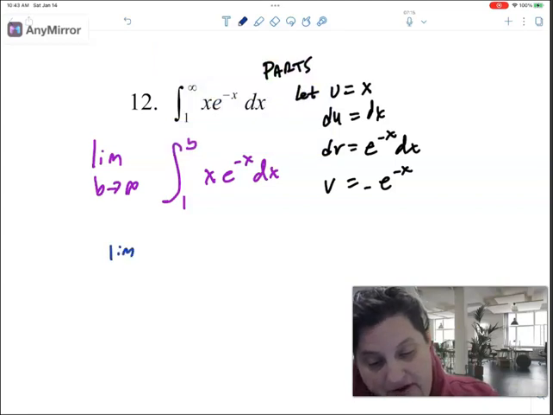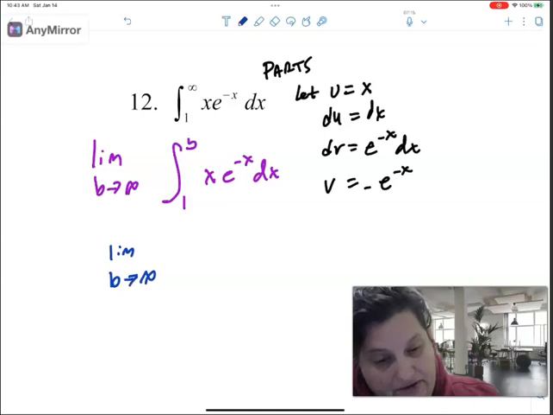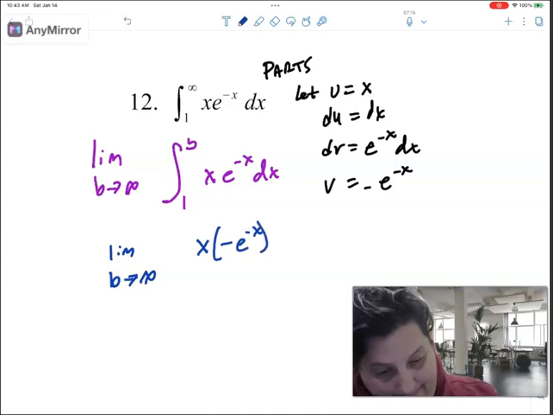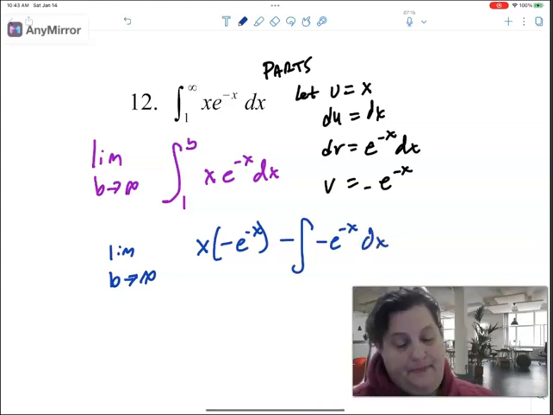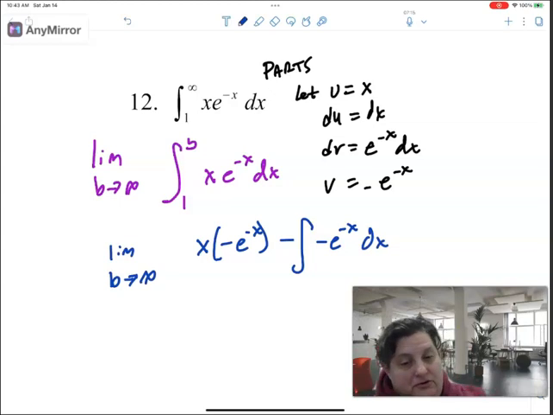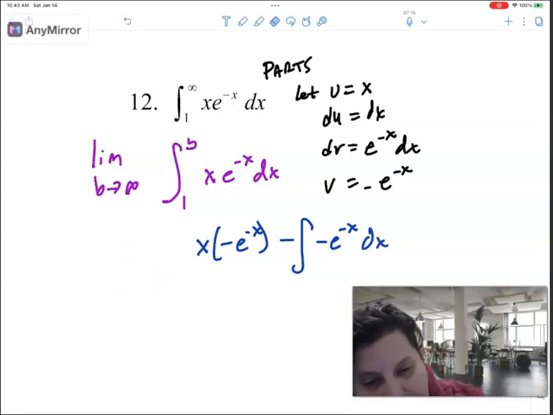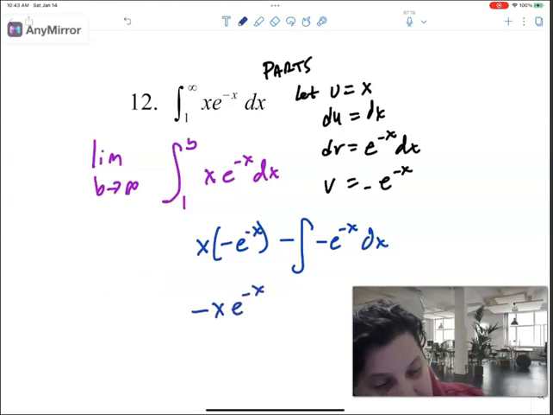So, limit as b goes to infinity of uv minus the integral of v du. Let's wait a minute on that limit. Let's just go. So this is negative x e to the negative x plus the integral of e to the negative x, which is e to the negative x with another negative, so now it goes back to minus.